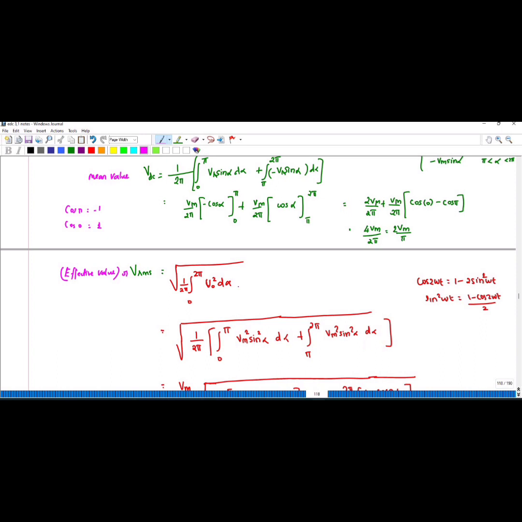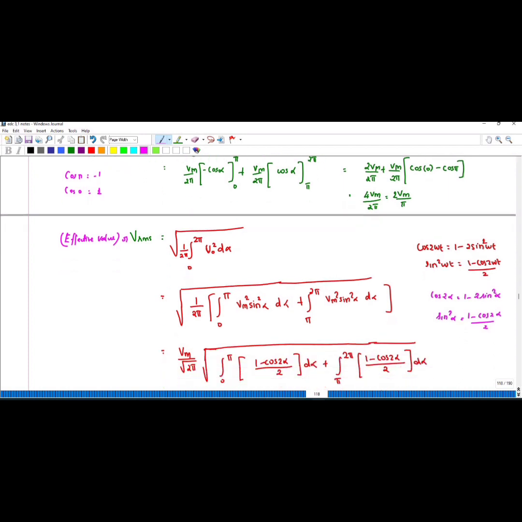If I substitute this value, I will get this one, and we know that cos 2 alpha is equal to 1 minus 2 sin square alpha. So from this I can write sin square alpha is equal to 1 minus cos 2 alpha divided by 2.